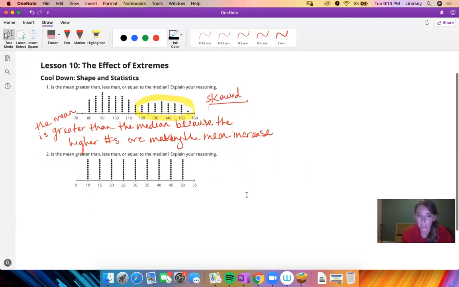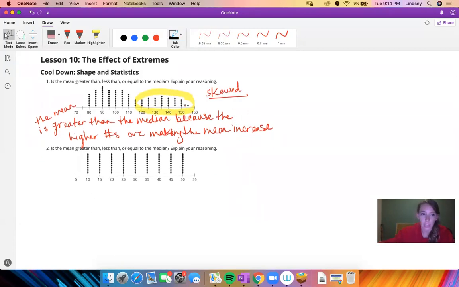Moving on to the next one. It says, is the mean greater than, less than, or equal to the median? Explain. So first of all, we need to look at the distribution because we said from the beginning in our goal that there is a relationship between the shape of the distribution and the mean and the median. The first thing I notice is that it's uniform, but more importantly, it's symmetric.